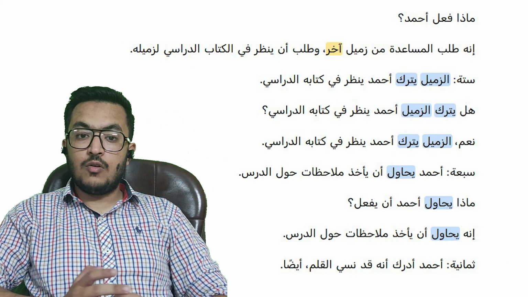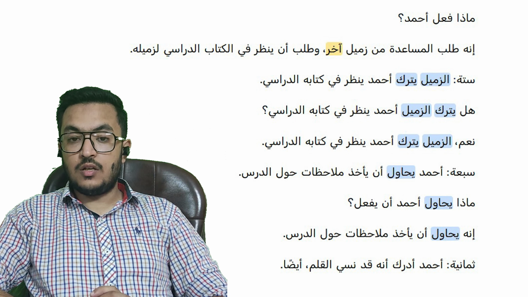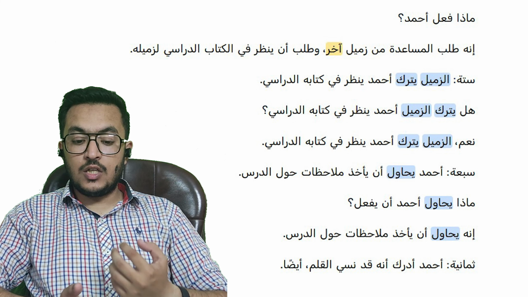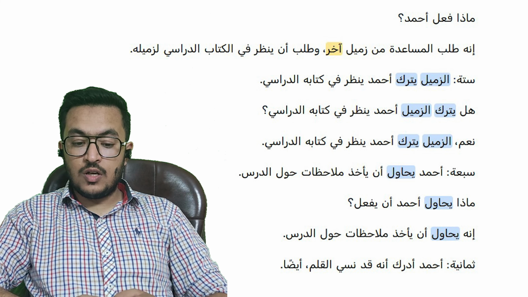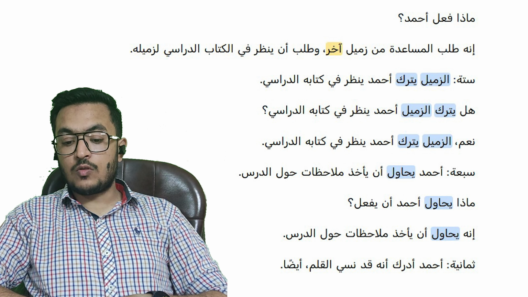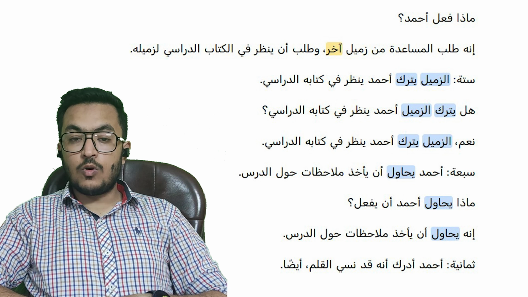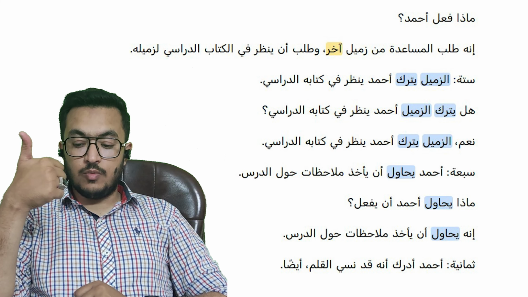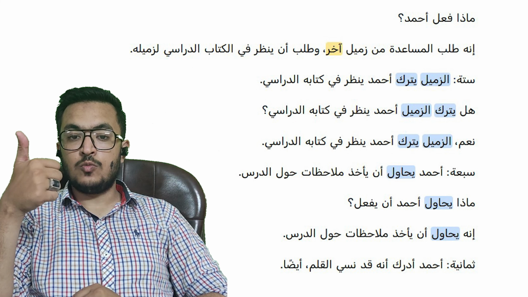ماذا فعل أحمد? What did Ahmed do? إنه طلب المساعدة من زميل آخر. He asked for help from another colleague. وطلب أن ينظر في الكتاب الدراسي لزميله, and asked to look in the book of his colleague. So طلب comes from the verb طلب يطلب.